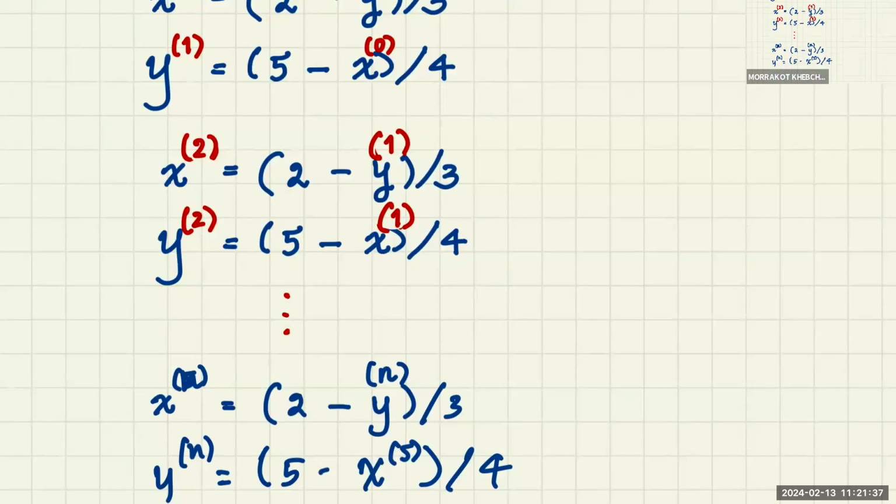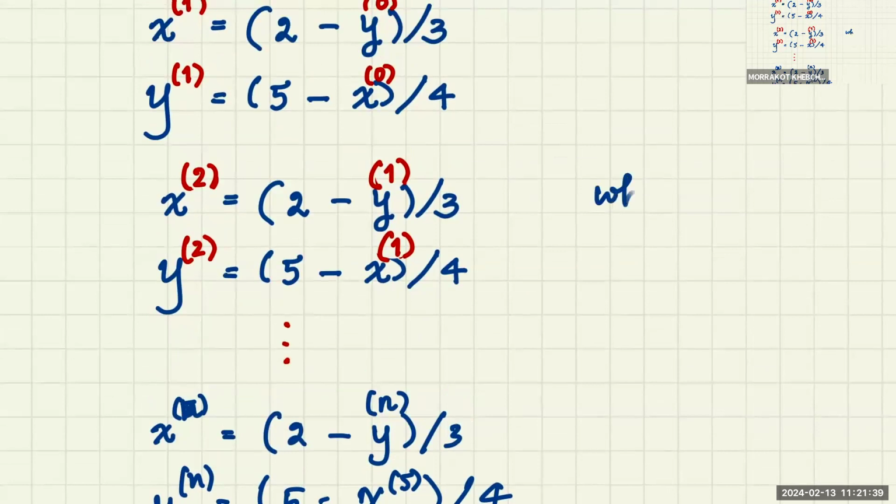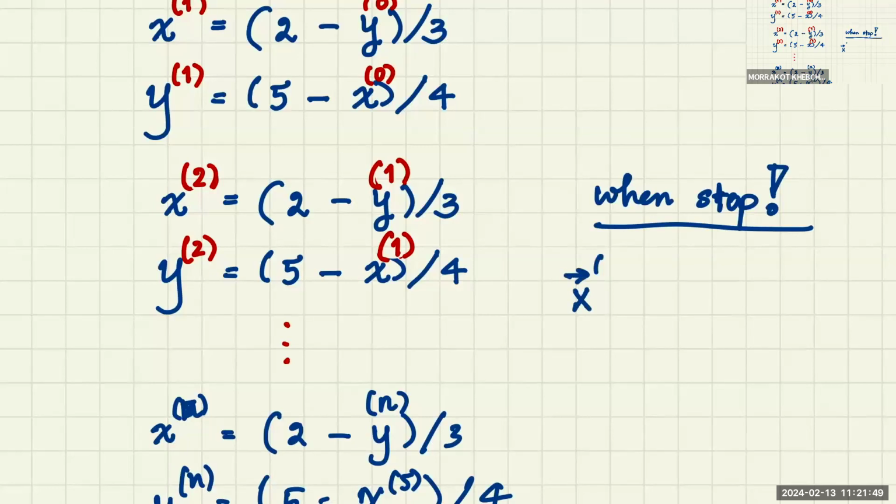And the question is when to stop, right? When we have vector x n minus x from the previous step, you take the maximum less than some small value.